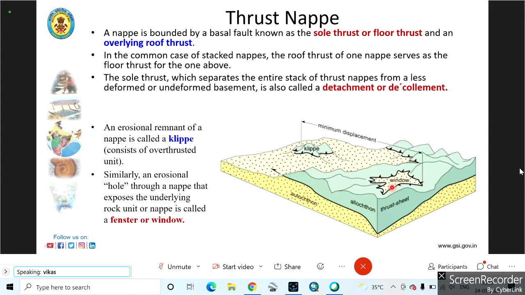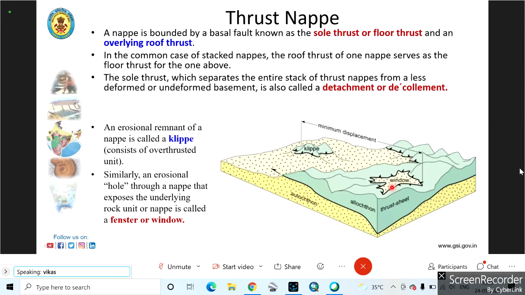Both the upper part and the lower part are all autochthonous. There is no allochthonous part there. When allochthonous material is there and then erosion happens, you'll get some parts of younger material overlying the older material. We call it a klippe.